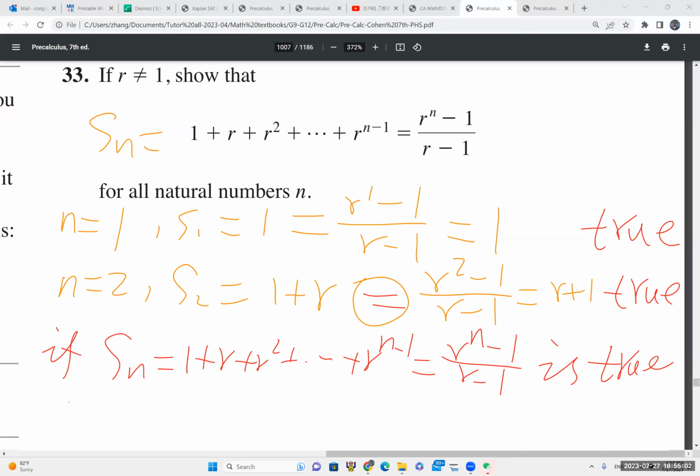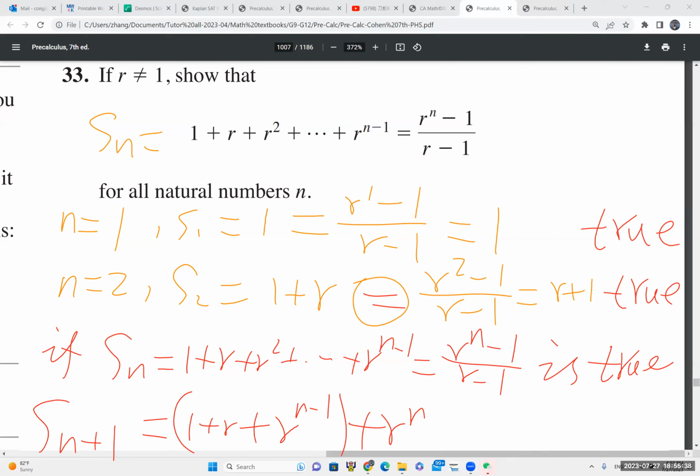Then is S_(n+1) true or not? Then S_(n+1) equals 1 plus r plus up to r^(n-1), then plus, because n goes to n plus 1, n plus 1 minus 1, it's just r to the power of n, right?